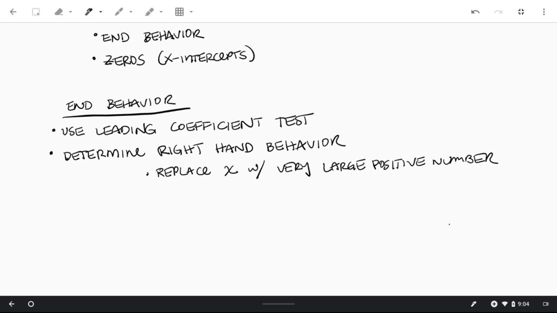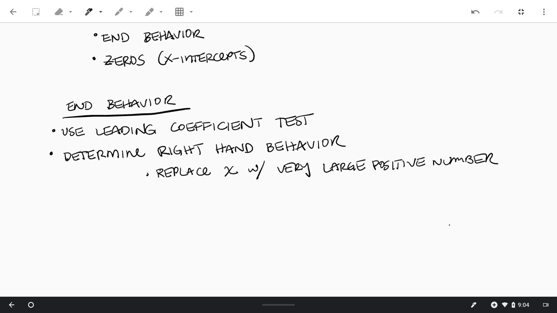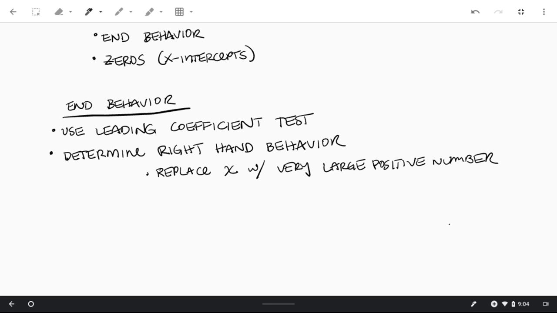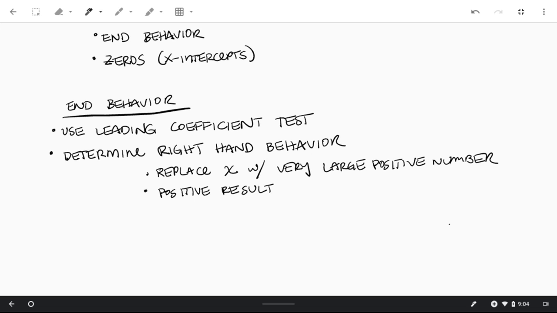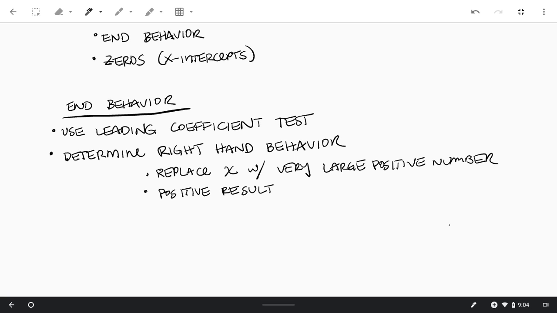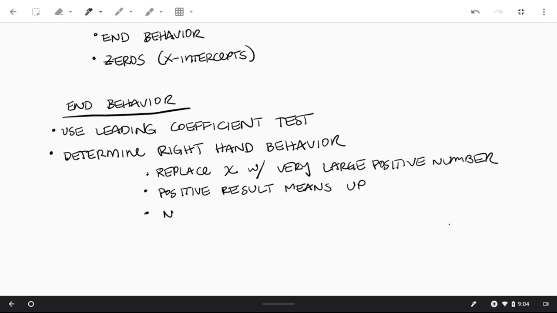Positive result means up. Negative result means down.